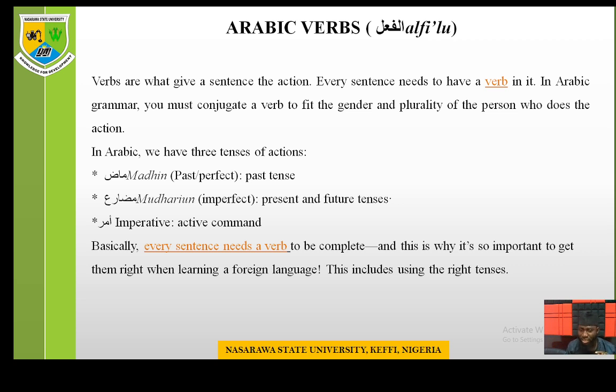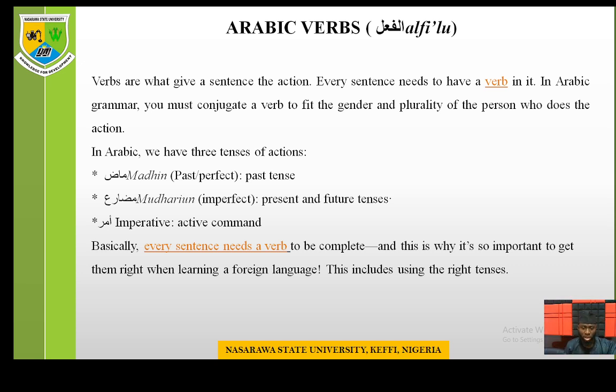If it is feminine, you use the word that refers to that feminine. If it is masculine, you use the word that will conform it to give a correct relation with that person who does the action.